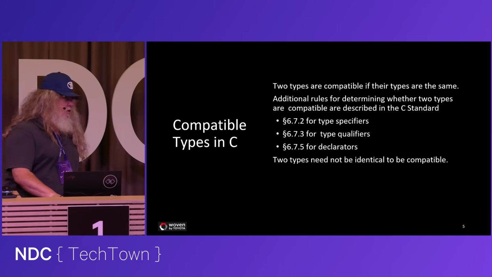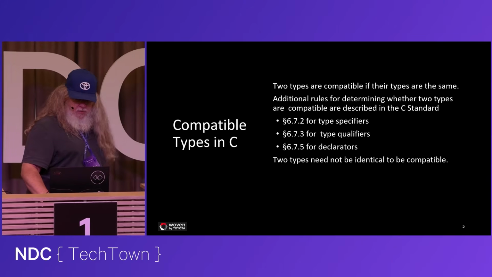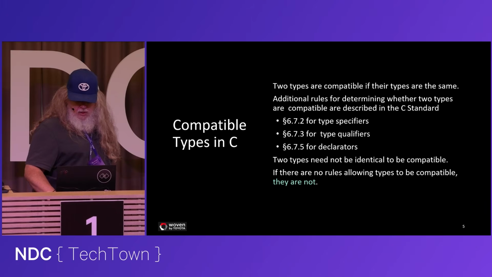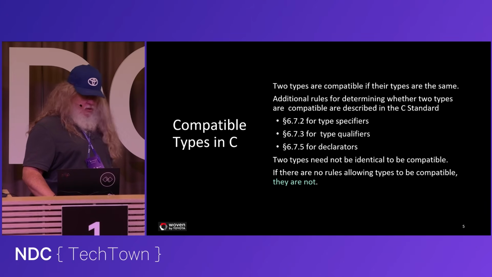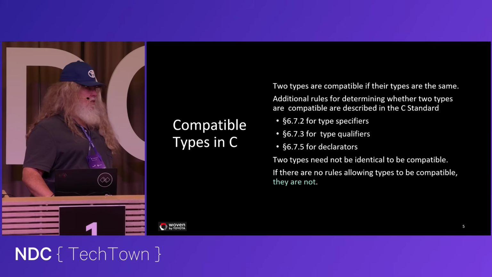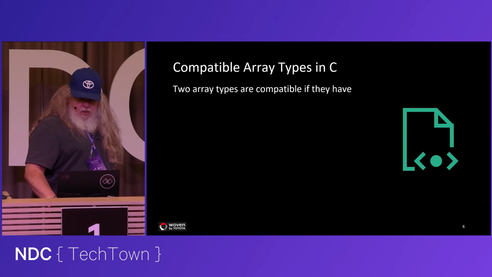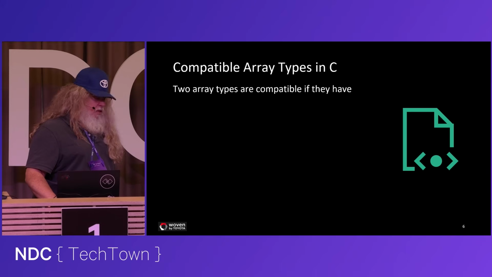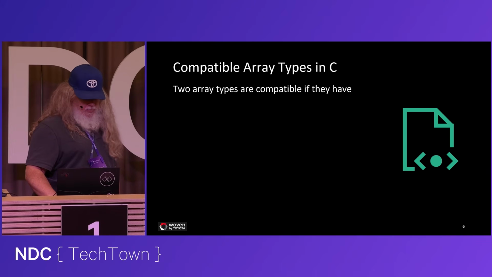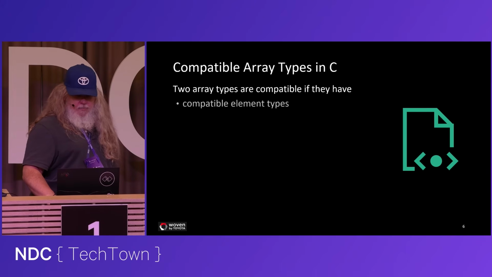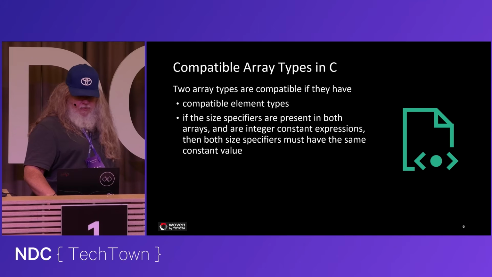And of course, two types don't have to be exactly the same to be considered compatible. But by default, they are incompatible. There has to be a rule explicitly saying that they are compatible, otherwise they're not. So array types, and again, this talk is mostly about array types, are compatible if they have compatible element types. That's the first prerequisite.